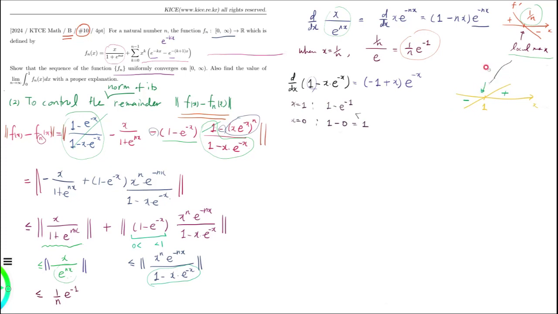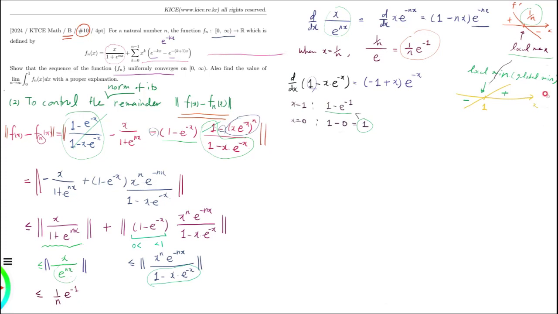So this value is a local minimum here, and then as you can see, this local minimum is less than its boundary value, so actually it's a global minimum here.